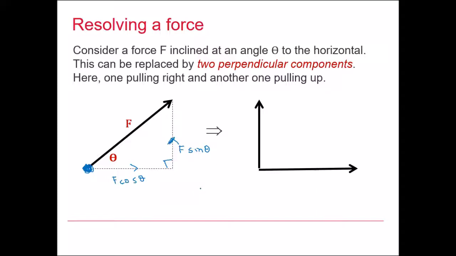In fact, we can use any direction, but for the moment let's think in terms of horizontal and vertical to make matters simple. You can replace a single force by two components by that process, and that's a very flexible and adaptable technique for solving problems, as we shall see.